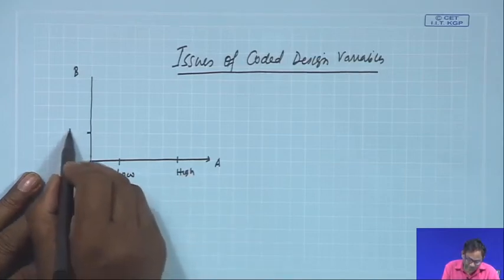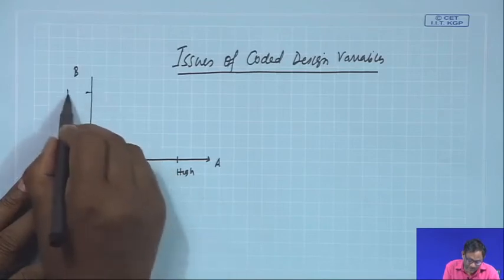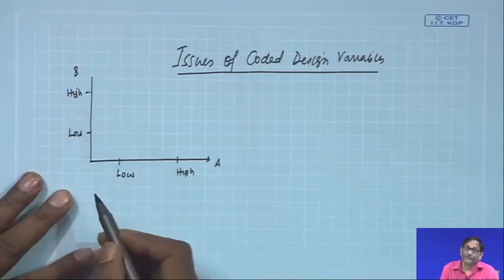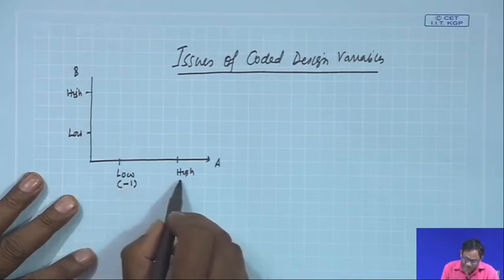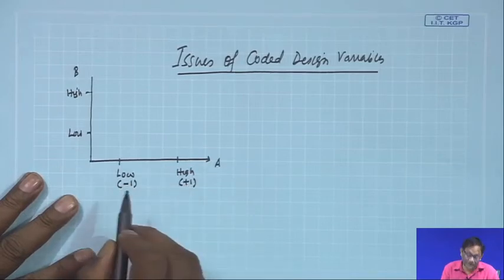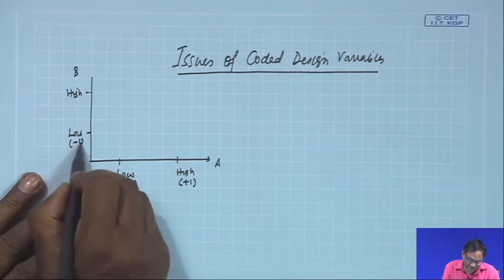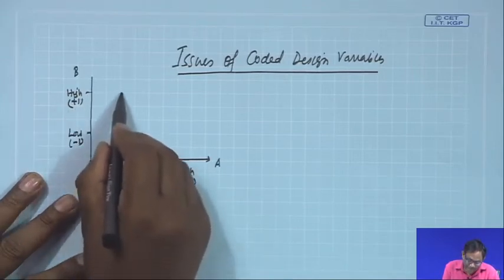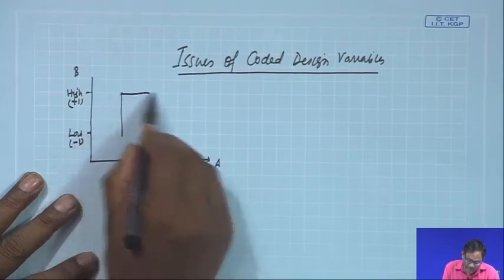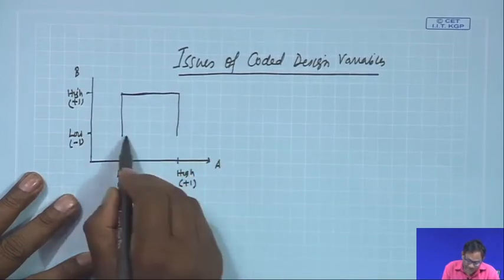Also B has two levels, low and high, and this low we have denoted by -1, high we have denoted by +1, here also -1, here also +1, and these are basically the settings.